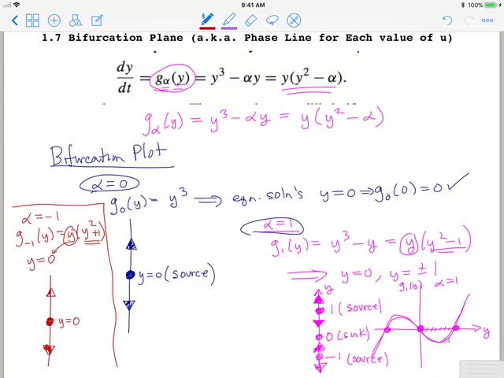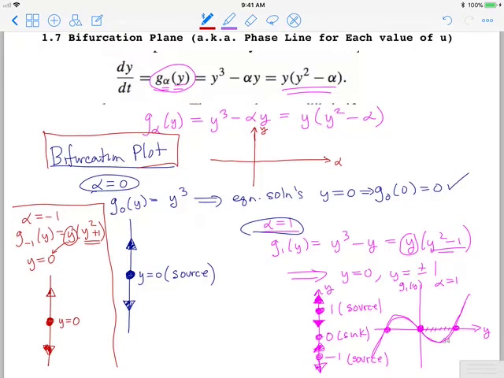So, putting all this together into something called the bifurcation plot is relatively simply a matter of trying to turn these 3 separate examples, or as many examples as you needed, into a plot in the y-alpha plane.